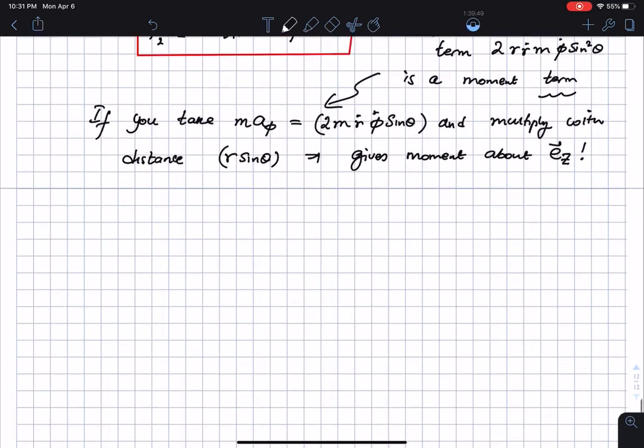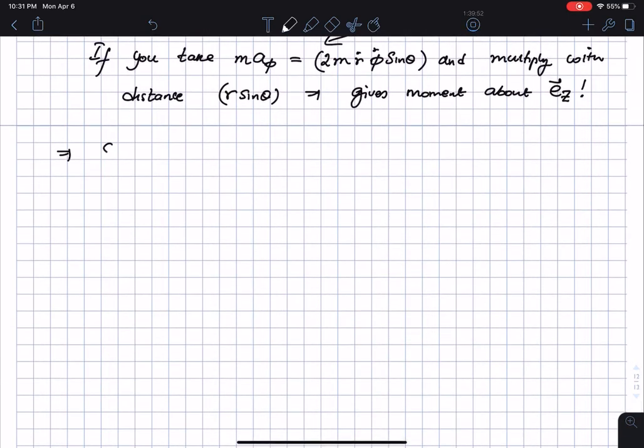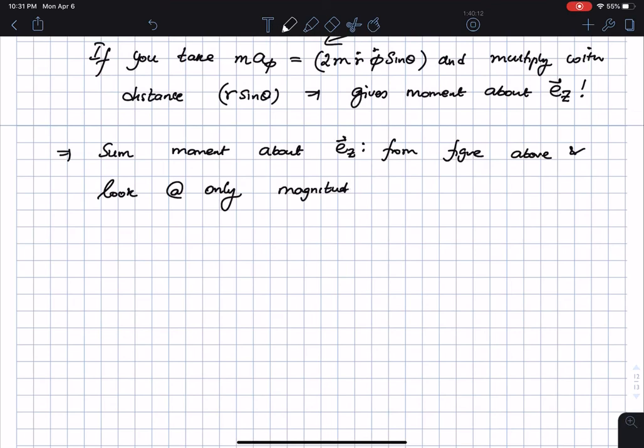Which means that if I sum moments about EZ from the figure above and look at only magnitudes, we get n phi times r sine theta is equal to 2 times m times r dot times phi dot sine theta times r sine theta.